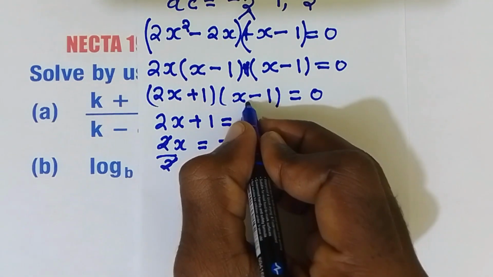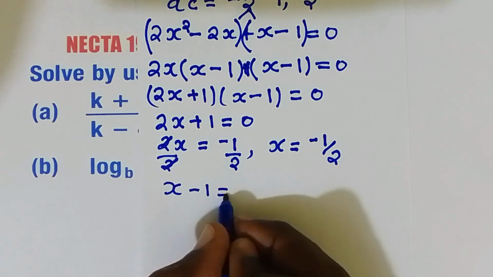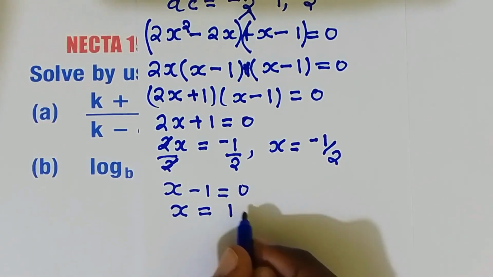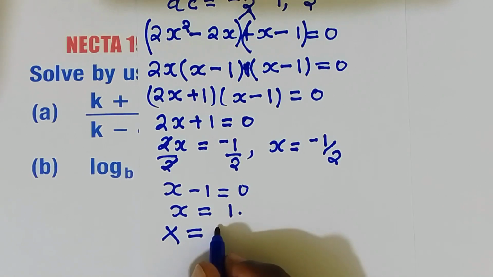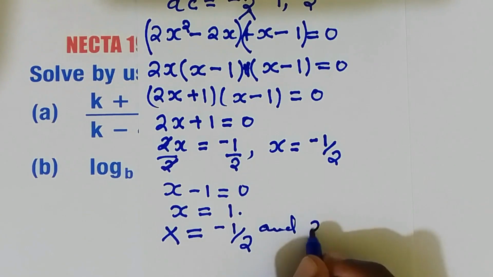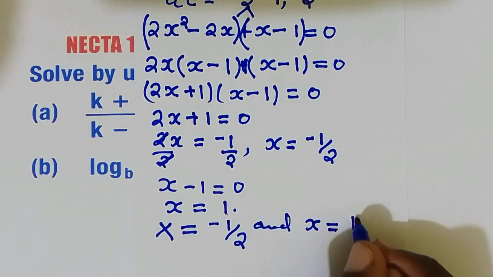Also, we have x minus 1 equal to 0. We get x is equal to 1. So the values of x are x is equal to minus 1 over 2 and x is equal to 1.